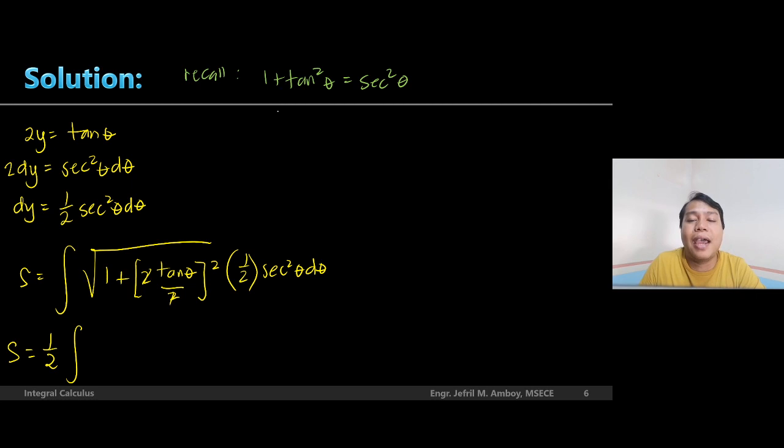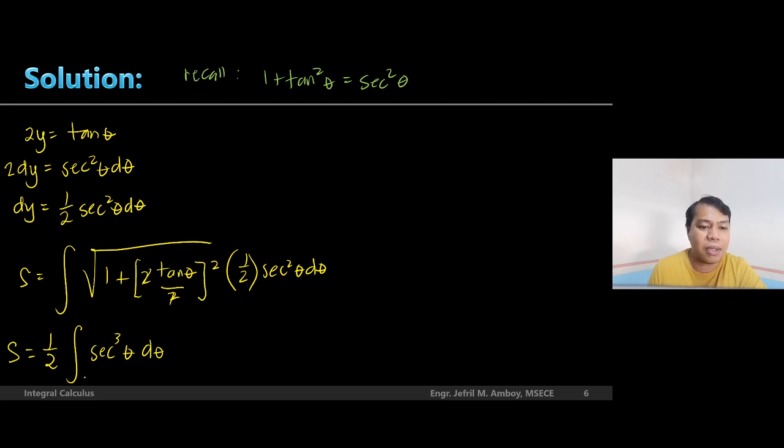Divide both sides by cosine squared, and this is what you get. So this term, 1 plus tangent squared theta, I can simply replace by secant squared. Then I take the square root of the secant squared, so it's just secant. That secant I multiply by the secant squared, so this becomes secant cubed theta d theta.